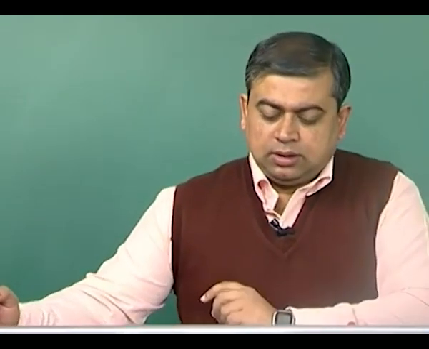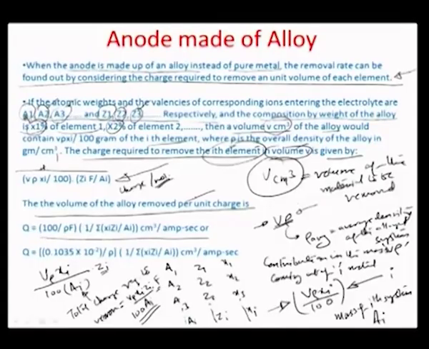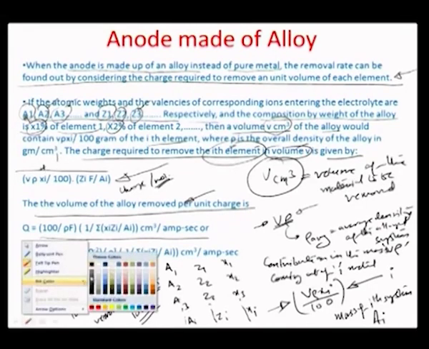Therefore, the volume of the alloy removed per unit charge is basically the reciprocal of this term, as I mentioned earlier, as you can see here.